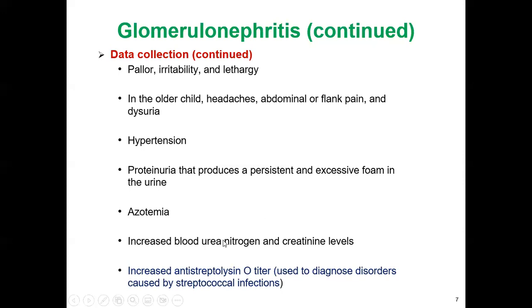Blood urea nitrogen and creatinine levels increase, and anti-streptolysin O titer increases. So in laboratory or diagnostic tests of blood, we will see increased creatinine, increased blood urea nitrogen, increased WBC, ESR, and a positive ASO titer.